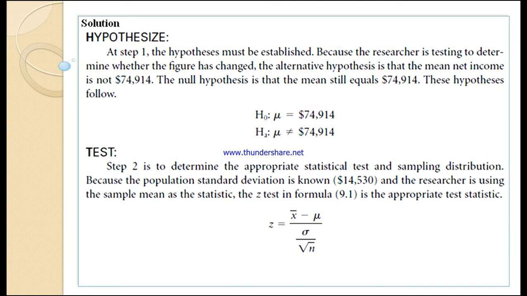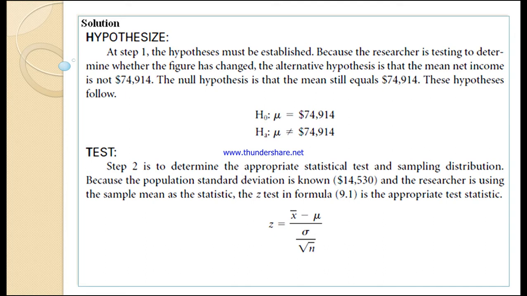Then the next task, or task number 2, is testing. And under task number 2, step number 2 is determining the appropriate statistical test and sampling distribution. Because the population standard deviation in our case is known, which is 14,530, and because we are going to use the sample mean as the statistic, the Z statistic formula is the appropriate test statistic.